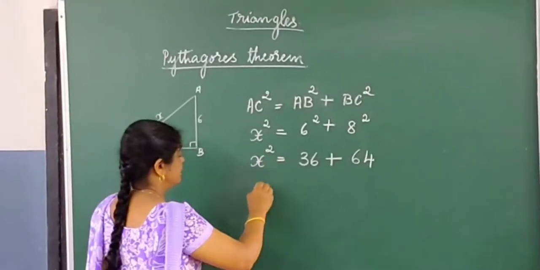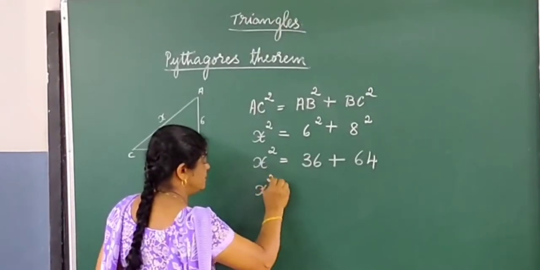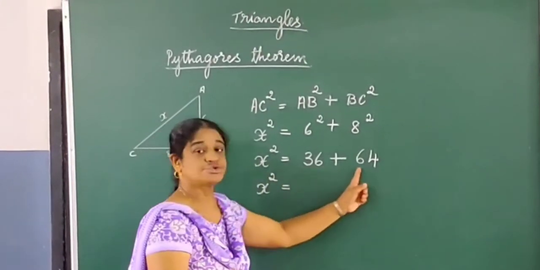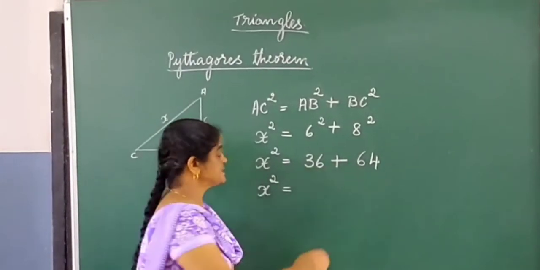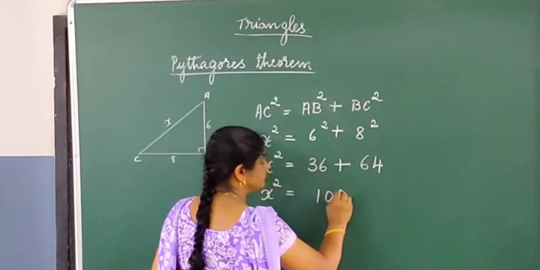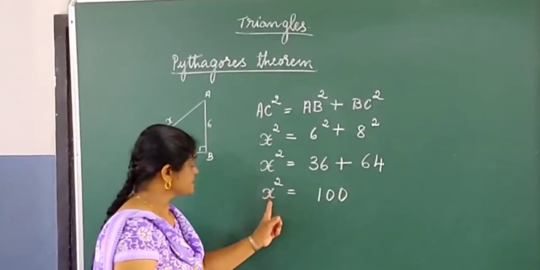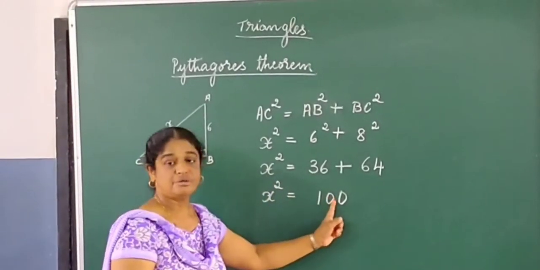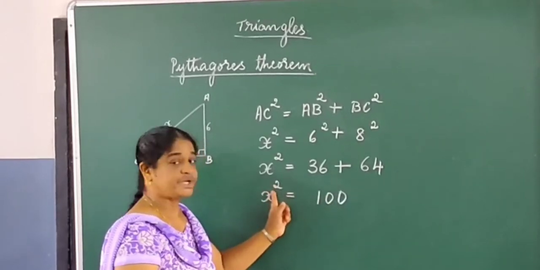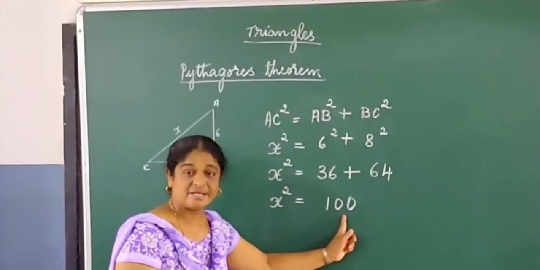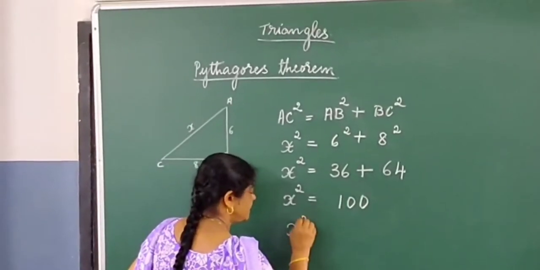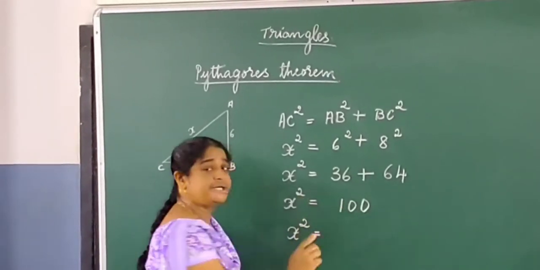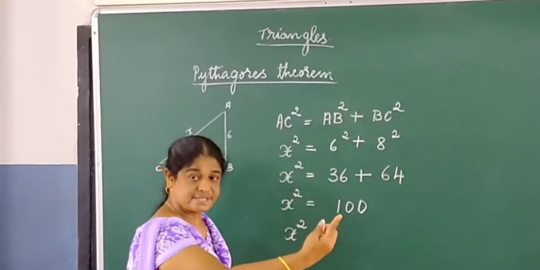Now next step. X square is equal to, we will add these two. 64 plus 36 is 100. Isn't it? So x square is equal to 100. This is a square number, so we will write this also as a square number. 10 into 10 is 100.